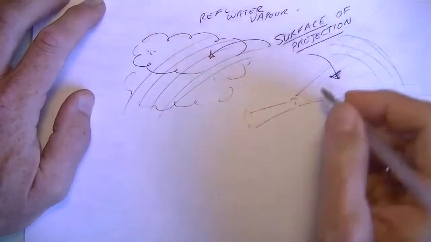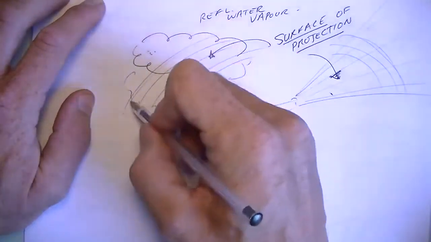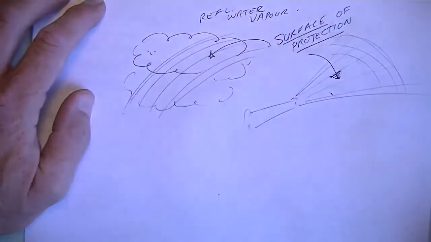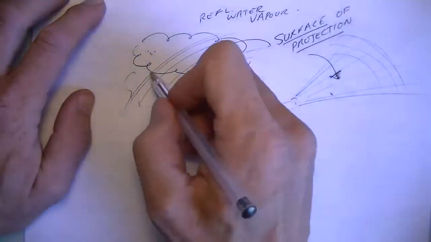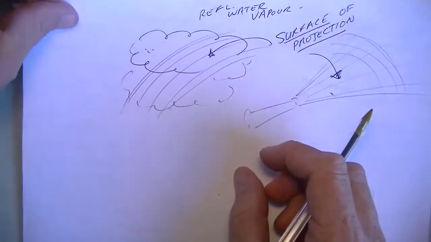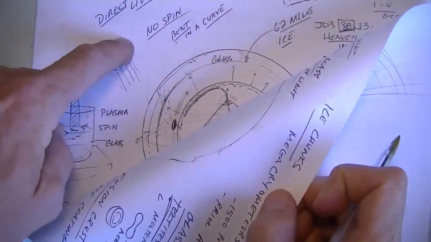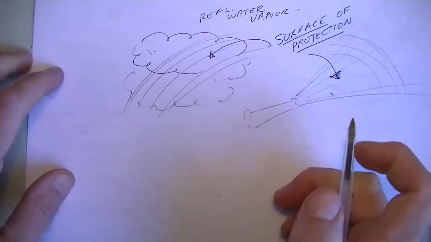Surface of projection. Now you can understand why the rainbow is arced. It has nothing to do with any kind of weird explanation that they tell you. The rainbow is arced because it's just mimicking the arc of the sun. It's mimicking the edge of the sun.